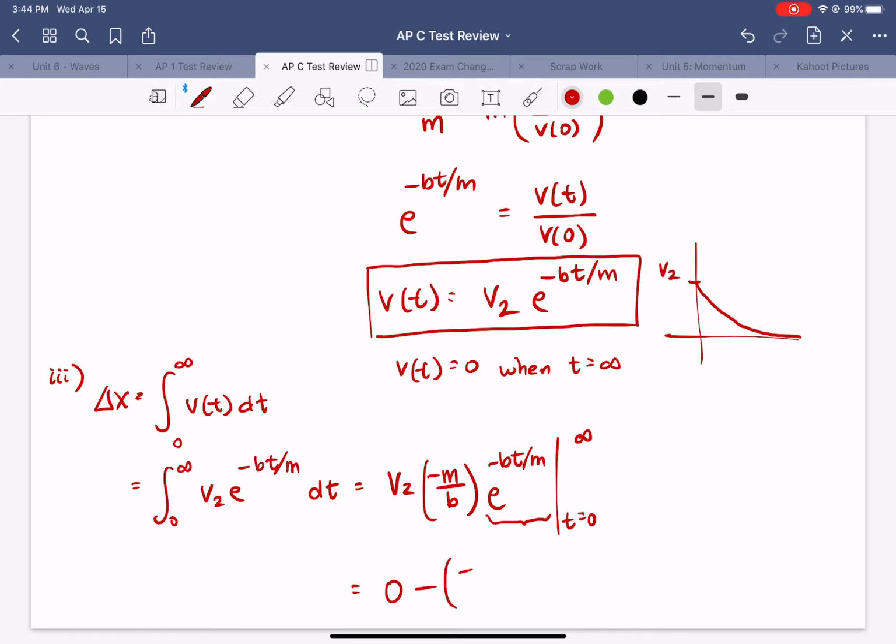So this is minus v2 times m over b. So this actually simplifies to a pretty nice expression, v2 times m divided by b, and that is the distance that this thing travels. If you want to check the units, remember b has units of kilograms per second, so m divided by b actually has units of seconds, so velocity multiplied by something with units of seconds gives you a distance.